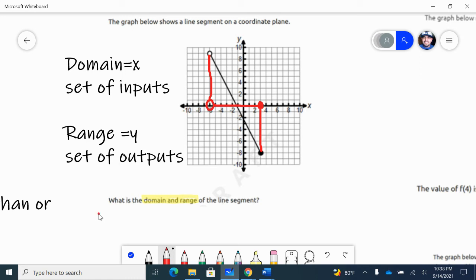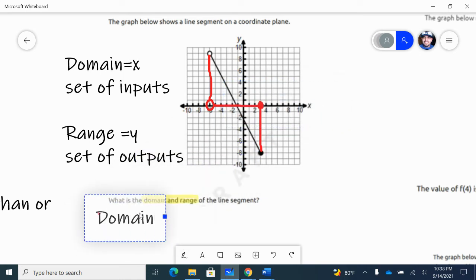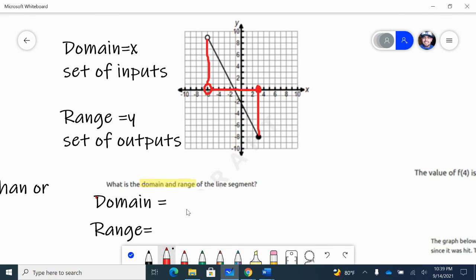So my domain, let me type it out here for you. And we also had range. Give me one second. My domain, as you can see, is anything from -6 to 3. I believe you can write it like this, or on your test, they probably have something like this: -6, I apologize, I'm doing a little something new here, is less than x.